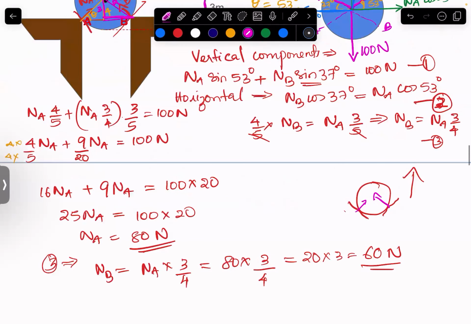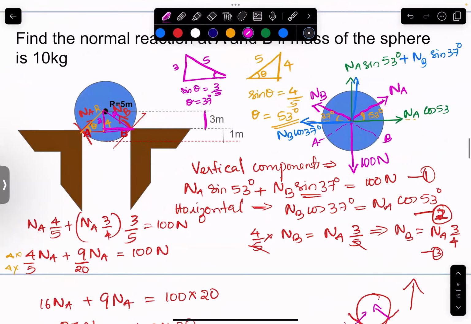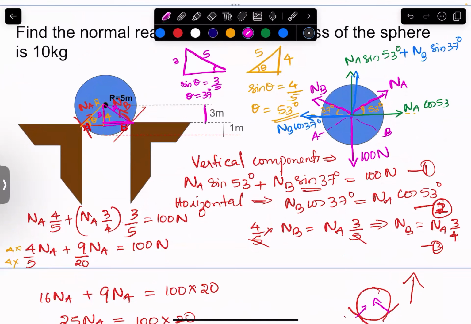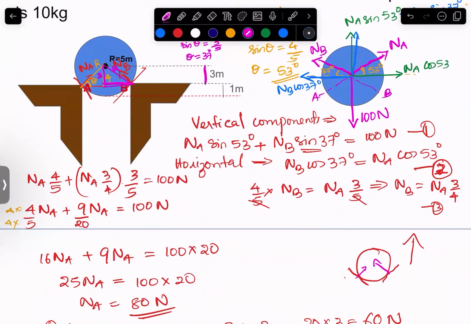So that's how we got this, and how to find the angles. I hope you understood this, because the measurements were given from the diagram, and you have to find the angles from that diagram.